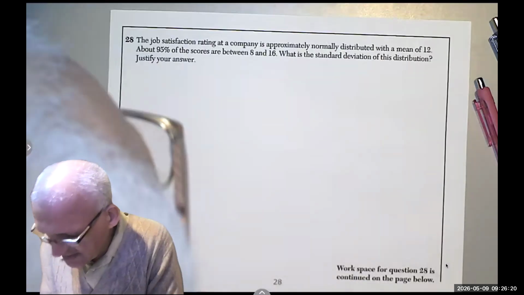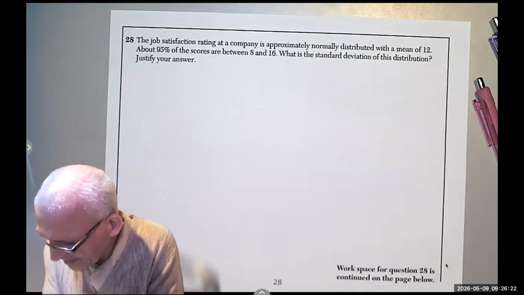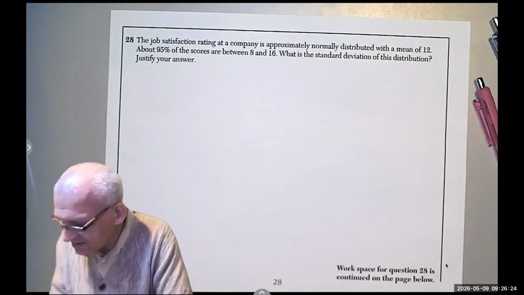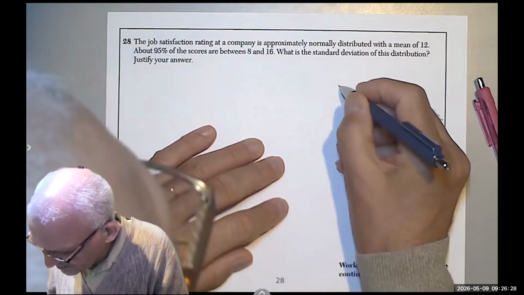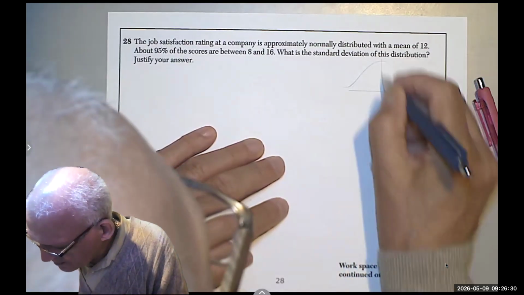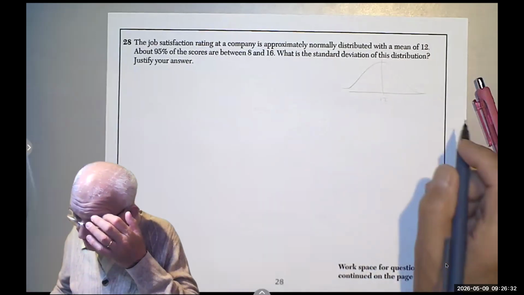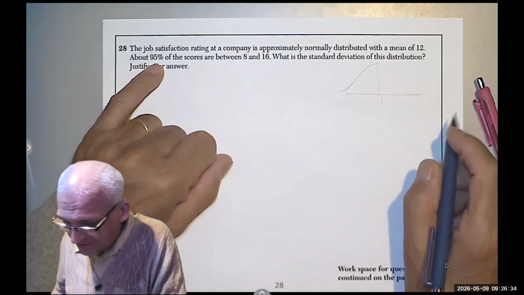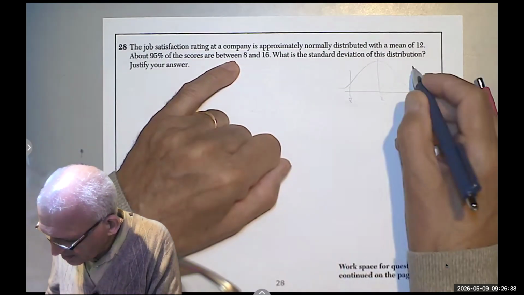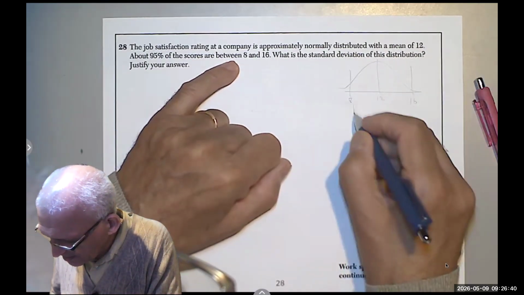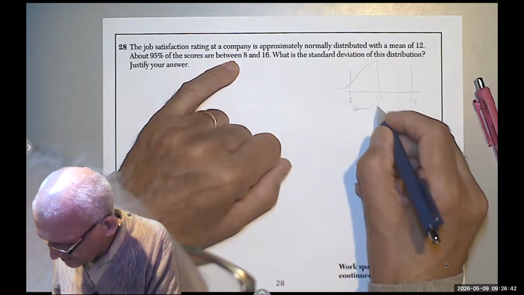Okay, the job satisfaction rating at a company is approximately normally distributed with a mean of 12. And roughly about 95% of the scores are between 8 and 16, or a difference of 4.